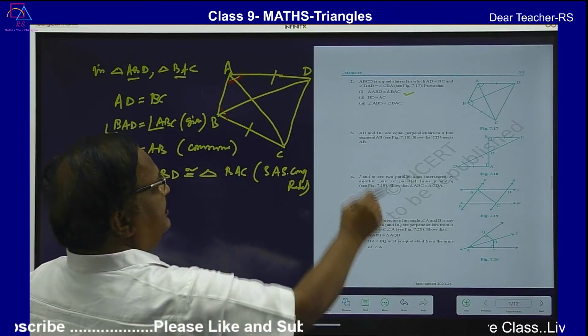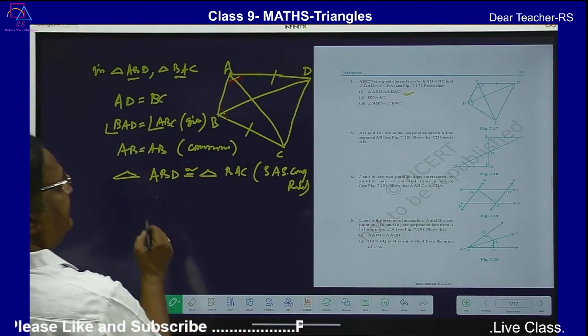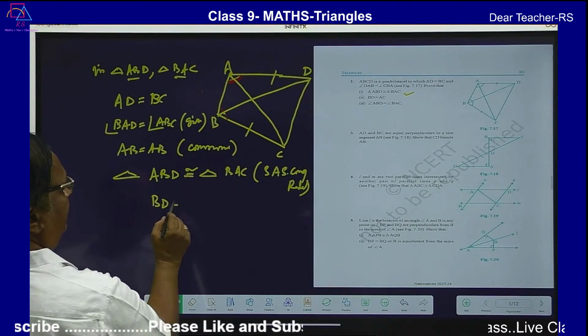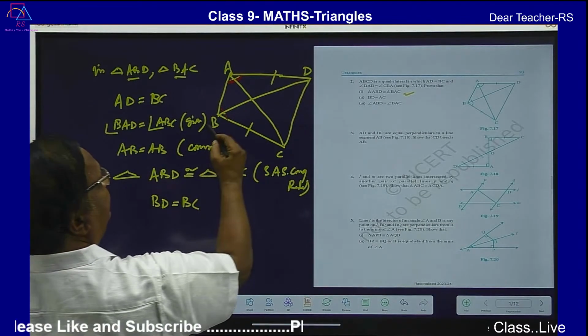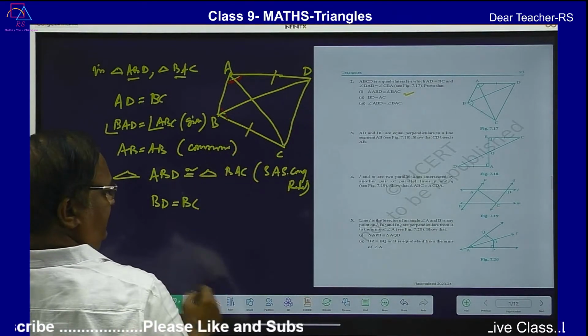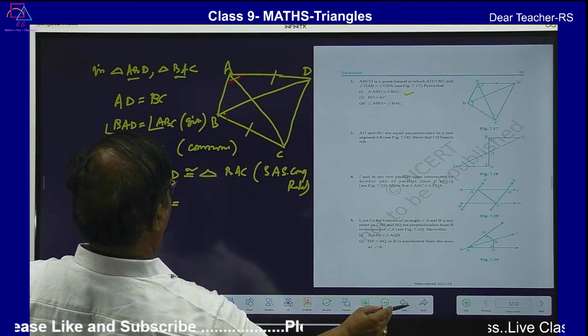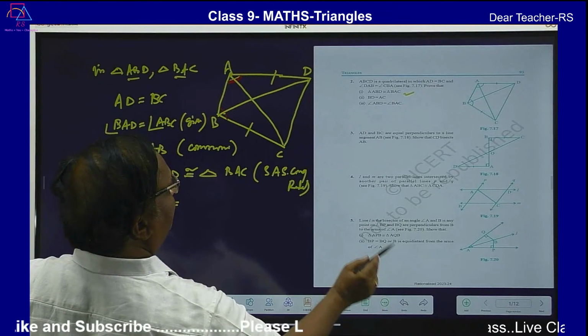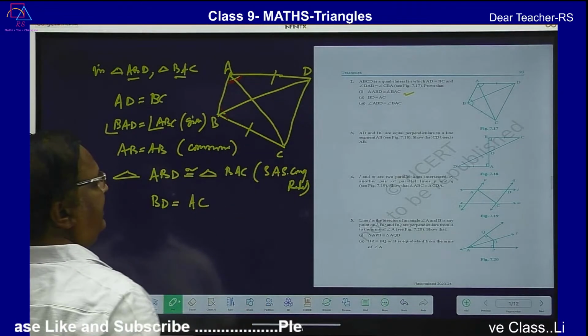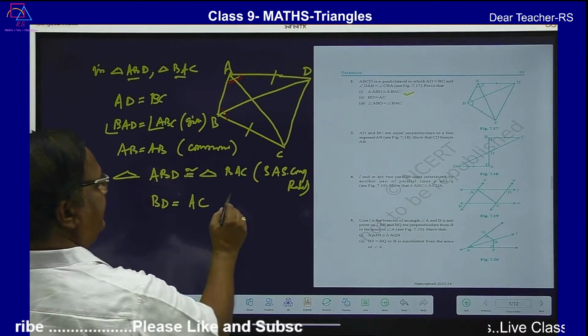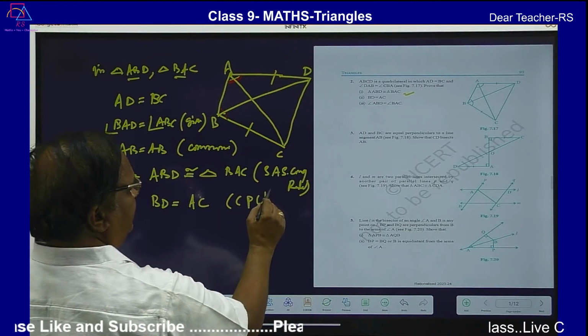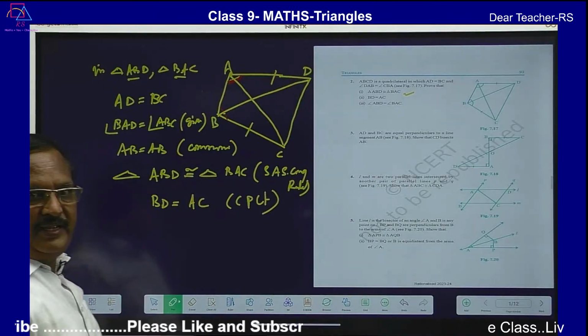So the first one is proved. So by CPCT, BD is equal to AC. BD and AC are the diagonals. This is CPCT, corresponding parts of congruent triangles.